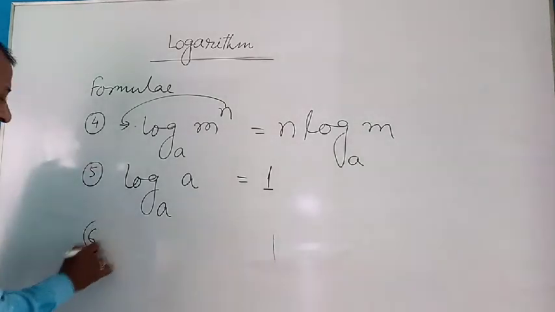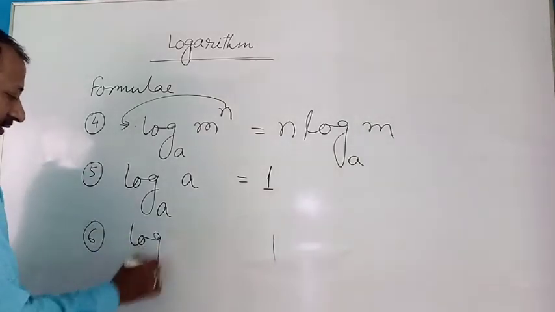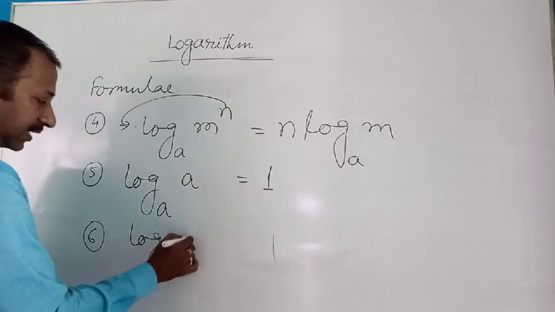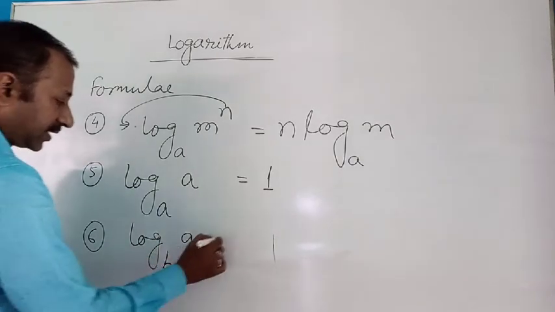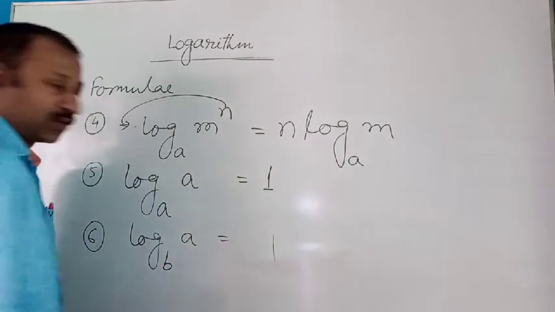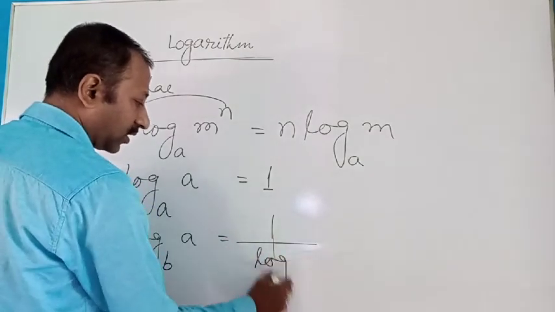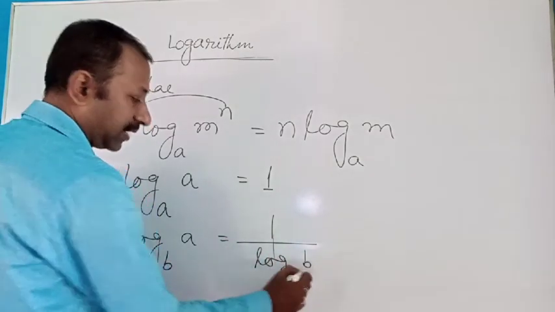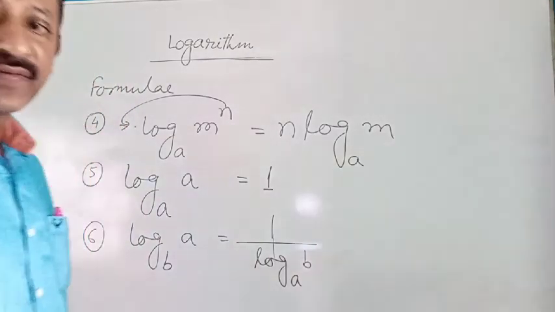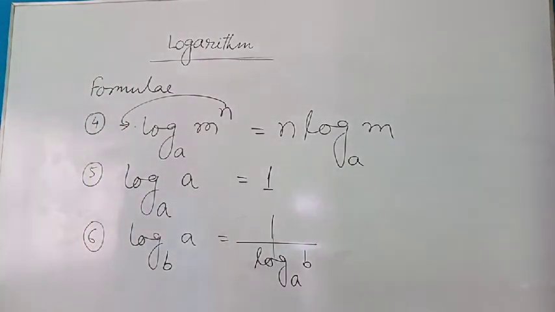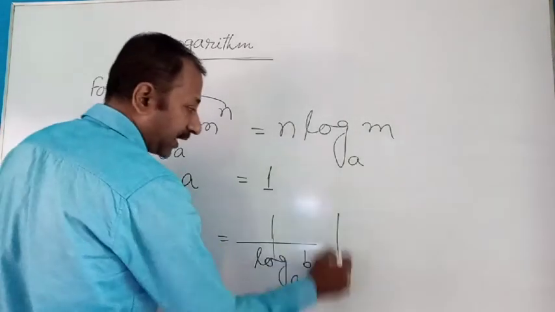Number 6, log of a base b equal to 1 upon log b base a. Log of a base b equal to 1 upon log b base a. Alright, so this is called the reciprocal formula.